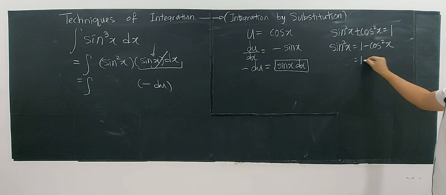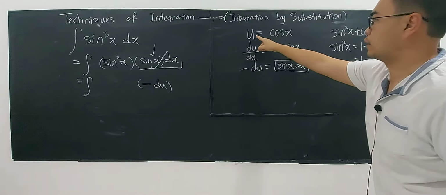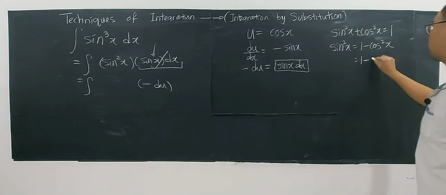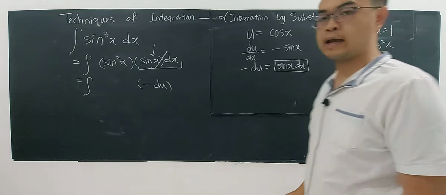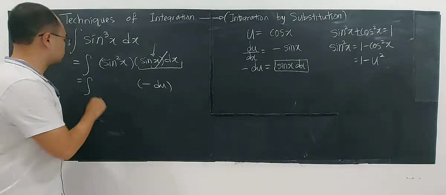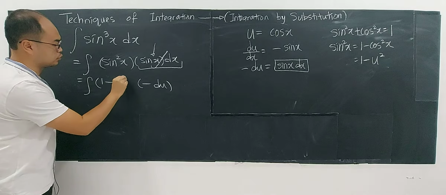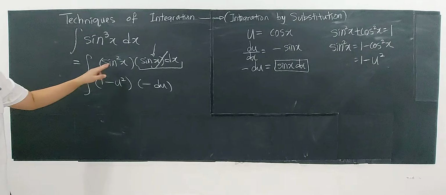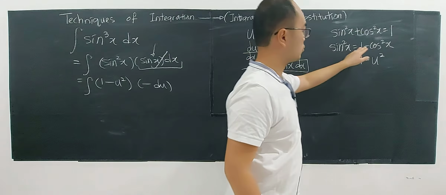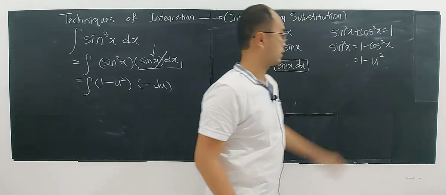And cos square x is u square, so you will have 1 minus u square. You can replace this one with 1 minus u square, because sine square is 1 minus cos square.